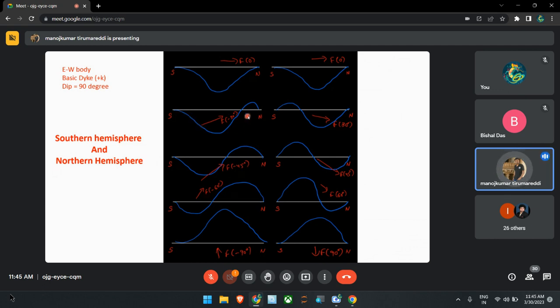In the southern hemisphere, you will get the positive peak in the northern part, and if you go towards the south, this positive will increase, and over the southern pole, we will get only positive. Similarly, in the northern hemisphere, the positive peak will increase in the southern part, and if you go towards north, this positive peak will dominate. Over the north pole, we will get a positive peak.